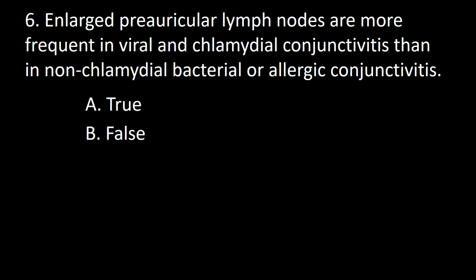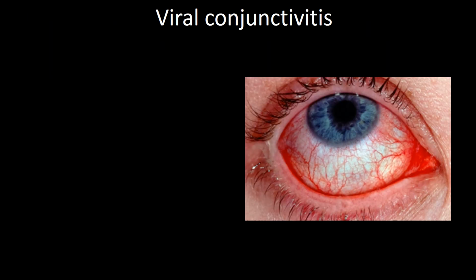Next question. Enlarged preauricular lymph nodes are more frequent in viral and chlamydial conjunctivitis than in non-chlamydial bacterial or allergic conjunctivitis. A true, B false. Viral conjunctivitis is a benign, self-limiting condition, the famous red or pink eye.